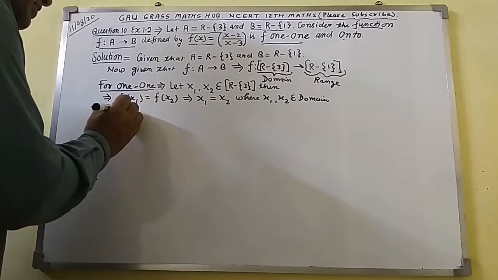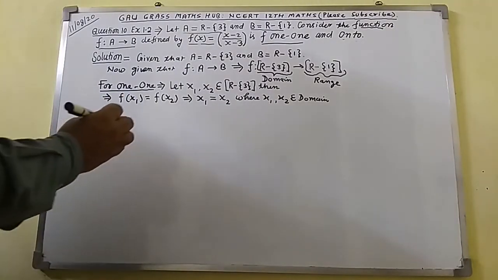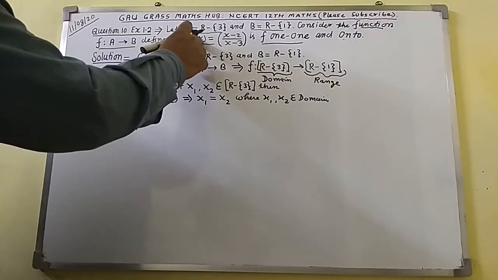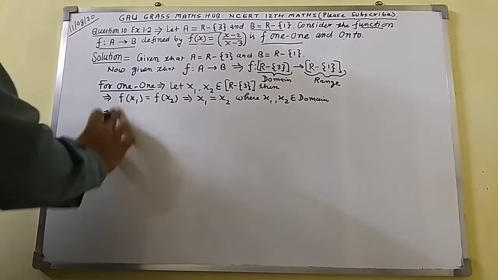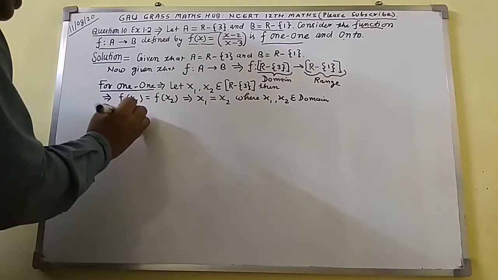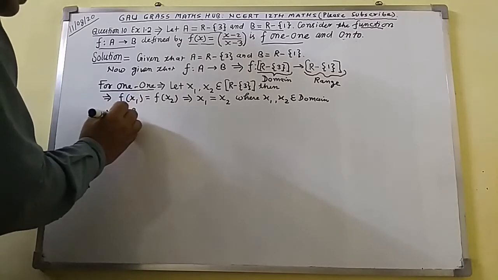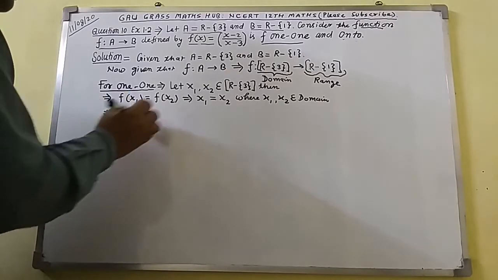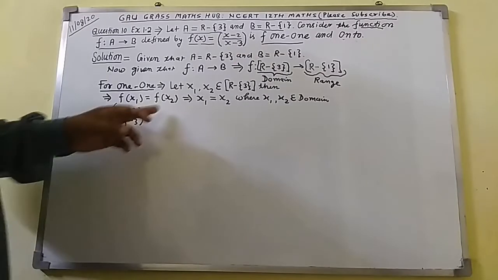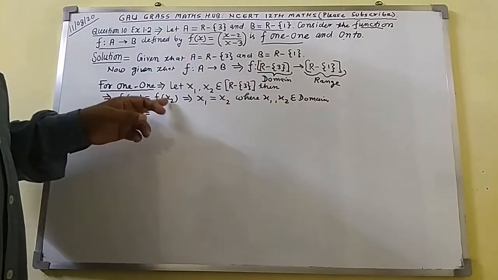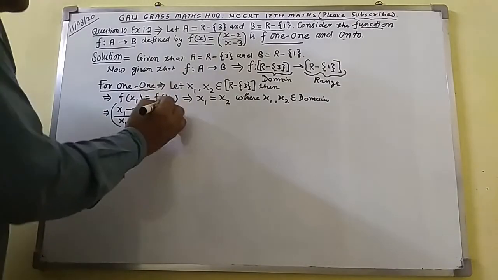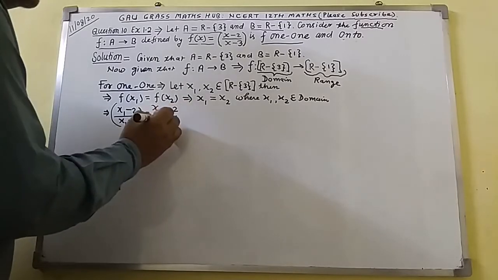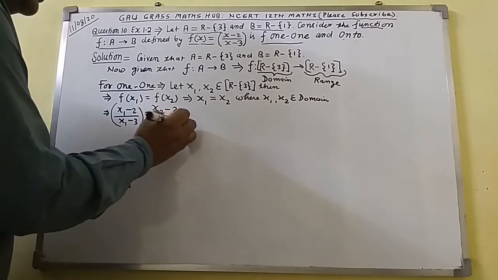So this will become (x1 minus 2) over (x1 minus 3). Write in one bracket. Here in place of x, write x2. So this will become (x2 minus 2) over (x2 minus 3).